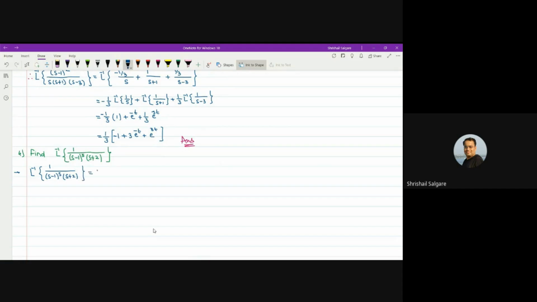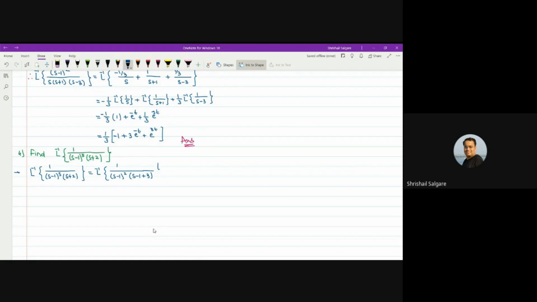So the same thing I will write. I'm going to use first shifting theorem, so that's why I will write this as s minus 1 bracket square into s minus 1 plus 3.